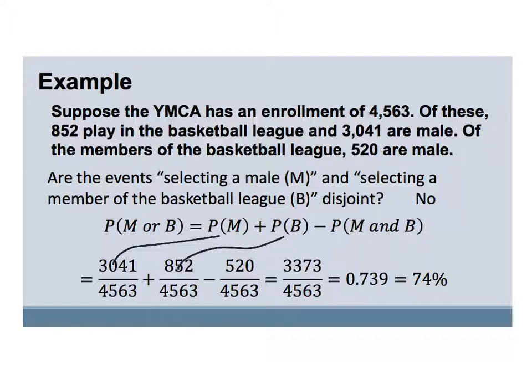Well, there's 852 people that play basketball out of the 4,563. Then males that play basketball are 520, so I subtract off 520 over 4,563, get 3,373 over 4,563. When you start getting crazy big fractions like that, you take it to decimal, because 74% means a whole lot more to me than this crazy fraction.